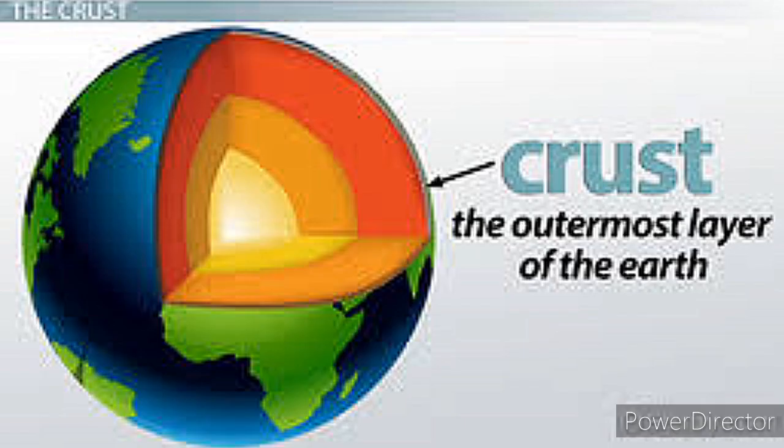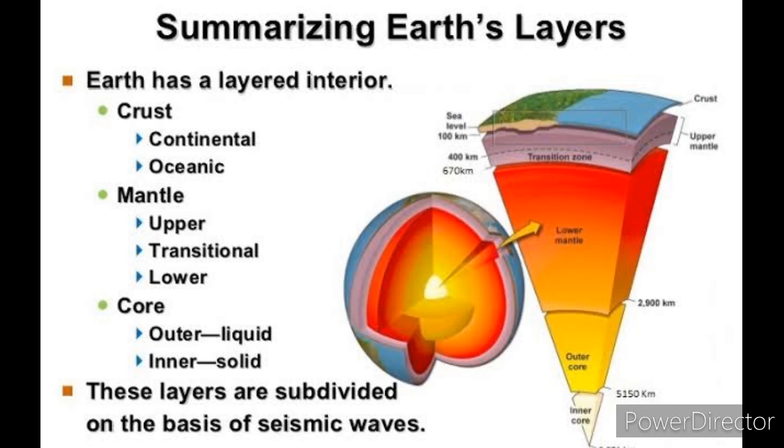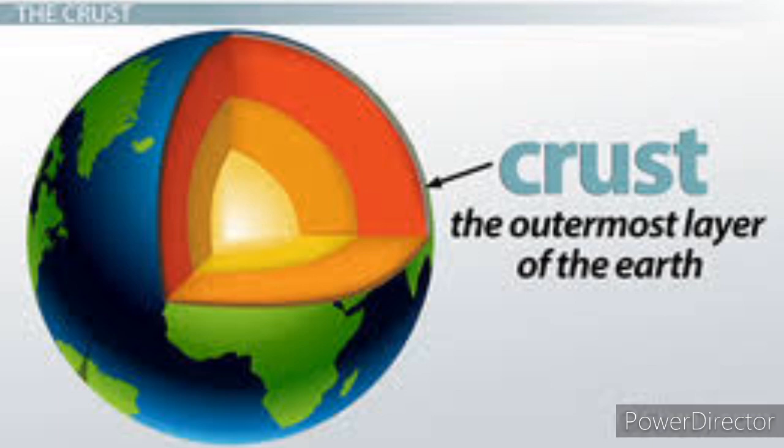First of all, we will discuss the crust. The crust, the mantle and the core are further subdivided into two sections, that is, the outer layer and the inner layer. So let's start the chapter.